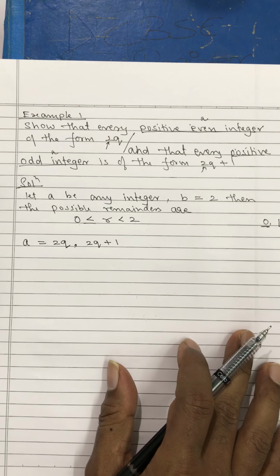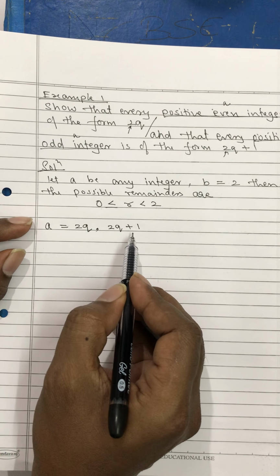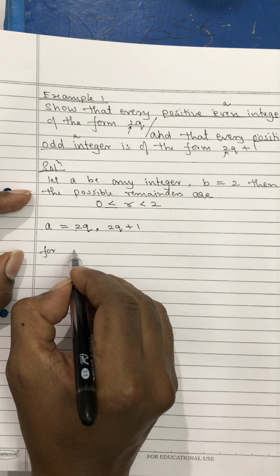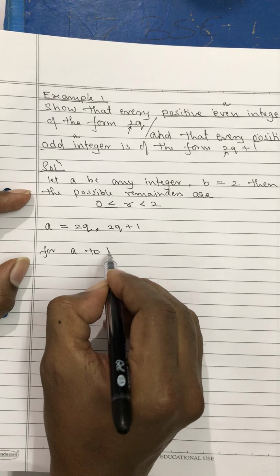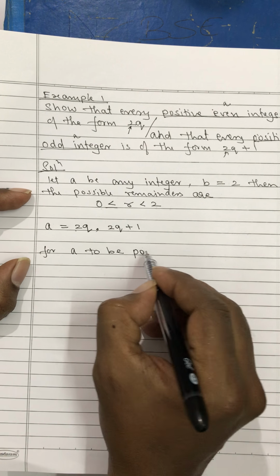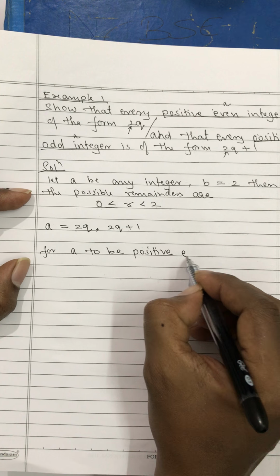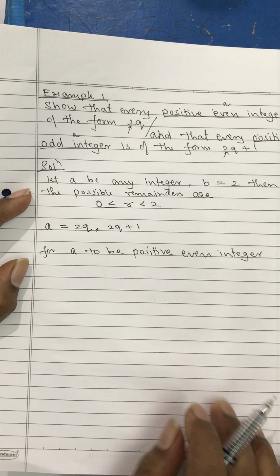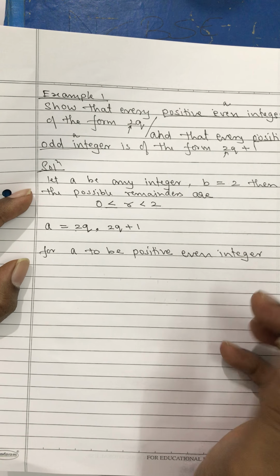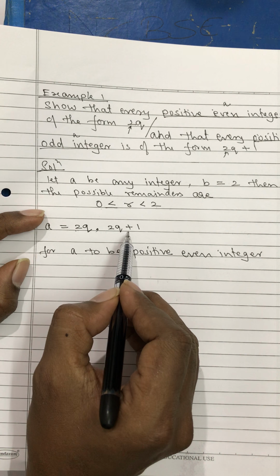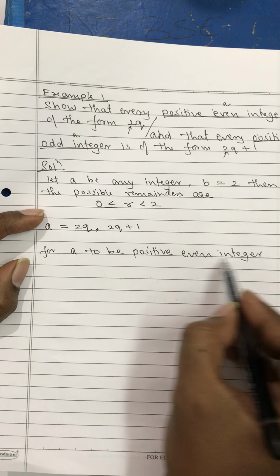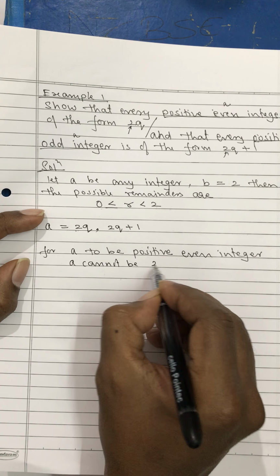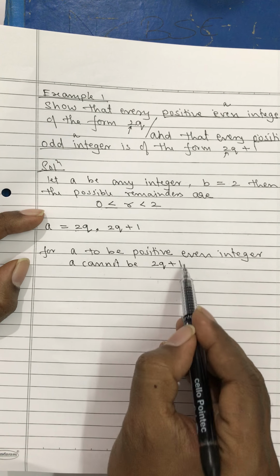But then again, these are the values of a. We have got 2q and 2q plus 1. But then for a to be a positive even integer, a can be only 2q. For a to be a positive even integer, a cannot be 2q plus 1 because this is odd.